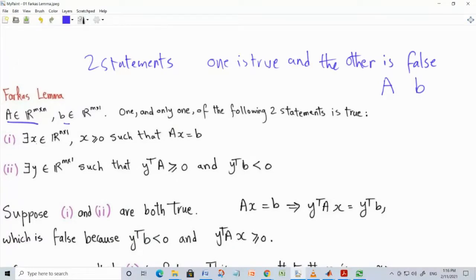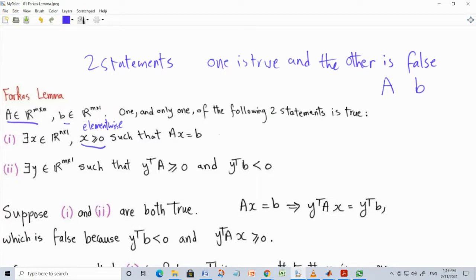The first statement is that there exists a non-negative vector x. Of course, x greater than or equal to 0 is to be understood element-wise. So a non-negative vector x such that Ax is equal to b.